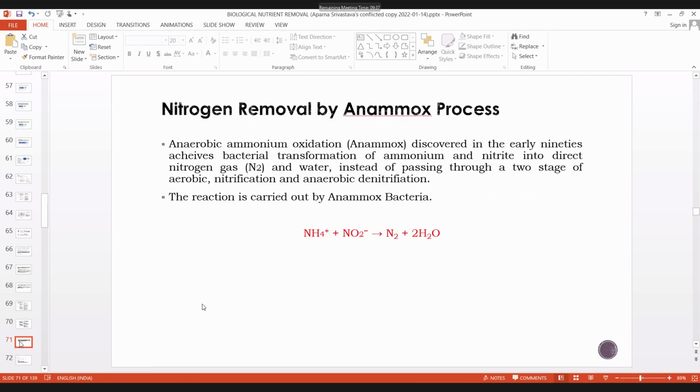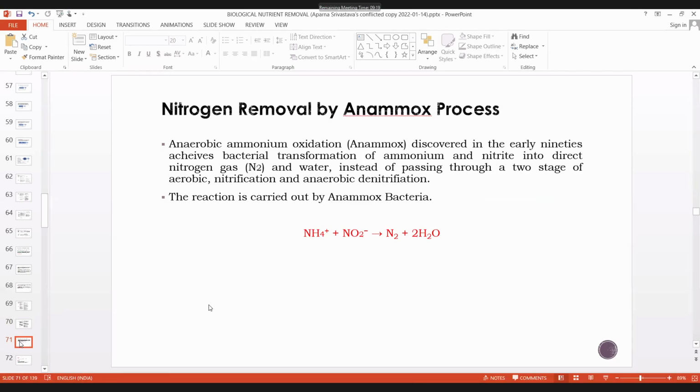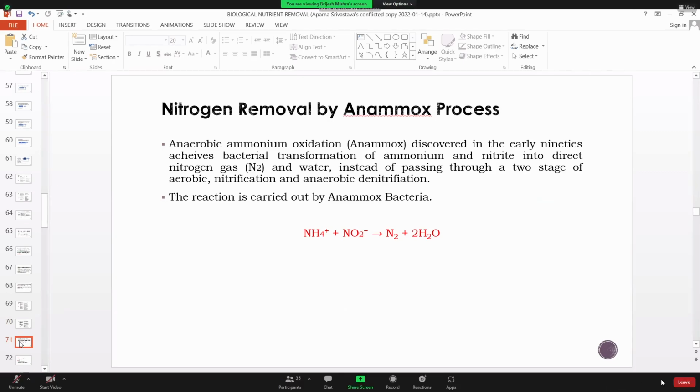Now another popular method, that is the NMOX process. Anybody have an idea about the NMOX process? You have studied wastewater, right? Anybody have any idea about NMOX?